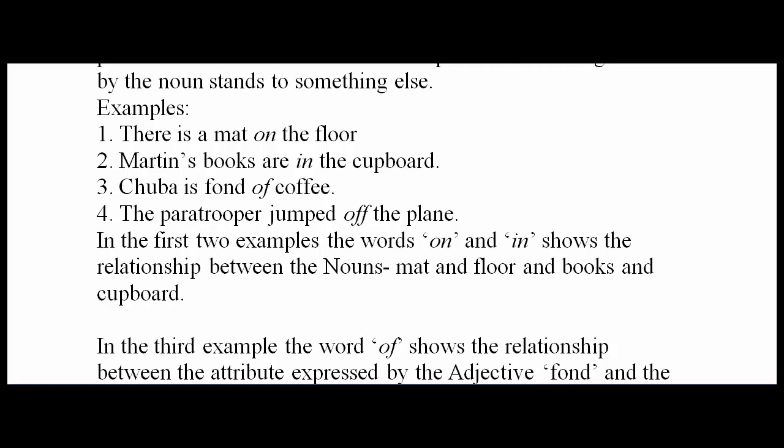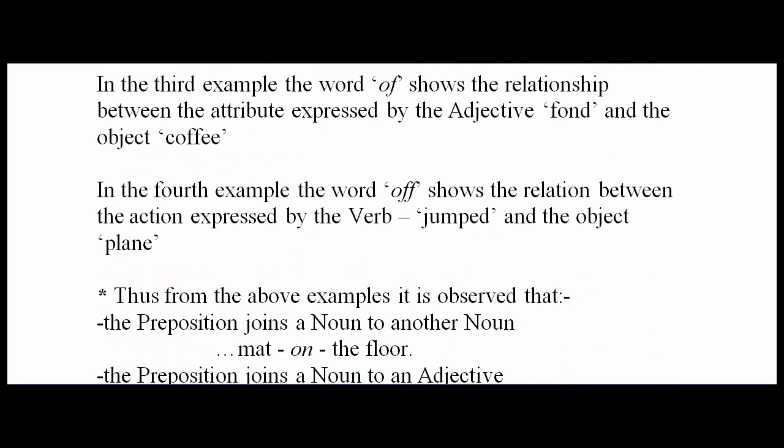Take a look at the fourth example. In the fourth example, the word off shows the relation between the action expressed by the verb jump and the object plane, as in aeroplane.